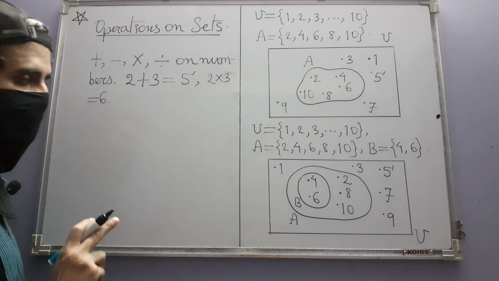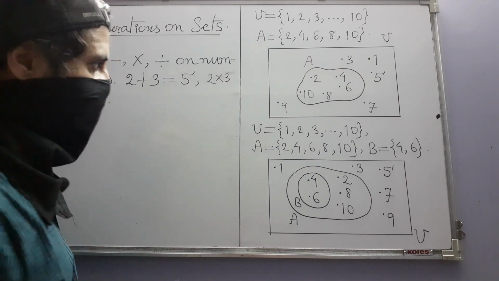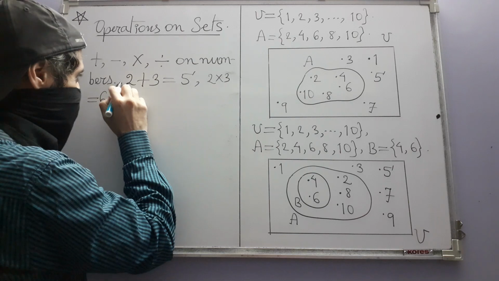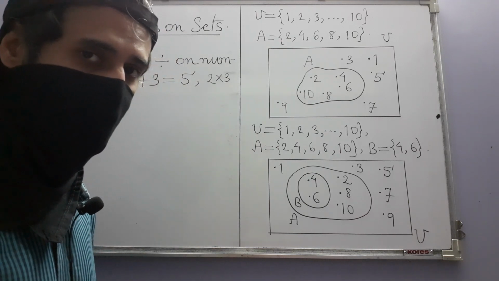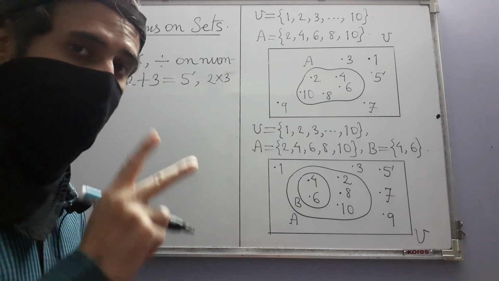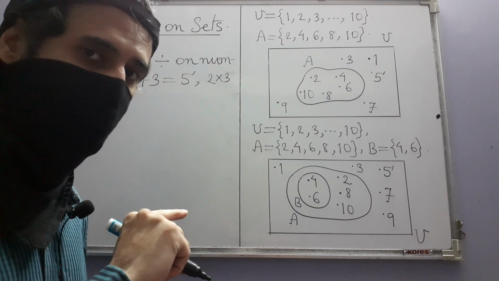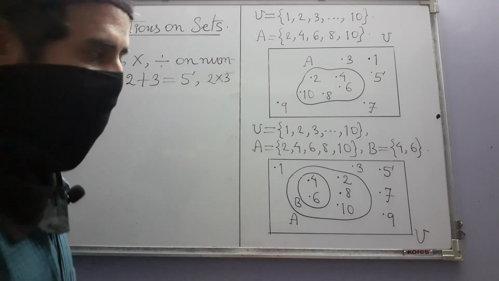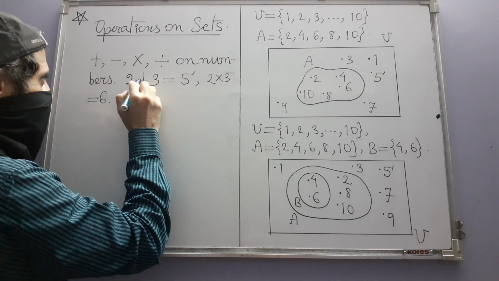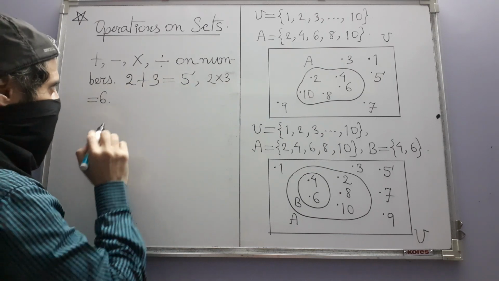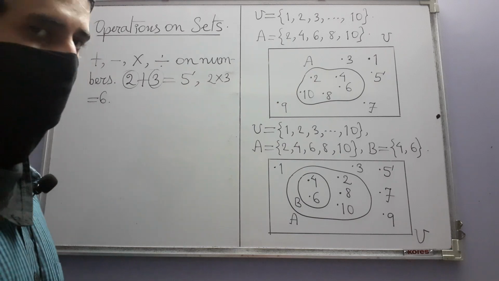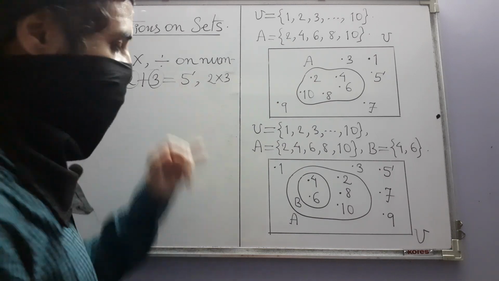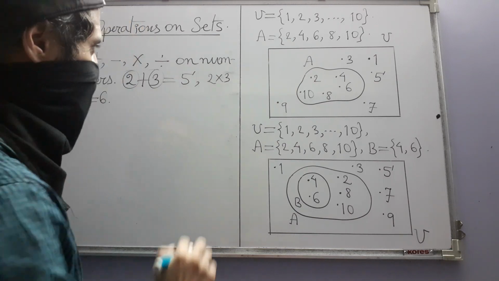But the characteristic that is common to all these operations is that the operation is like a machine in which you put 2 things and it gives you 1 thing. In the addition operation machine, you put 2 and 3 as your ingredients and it gives out 5.